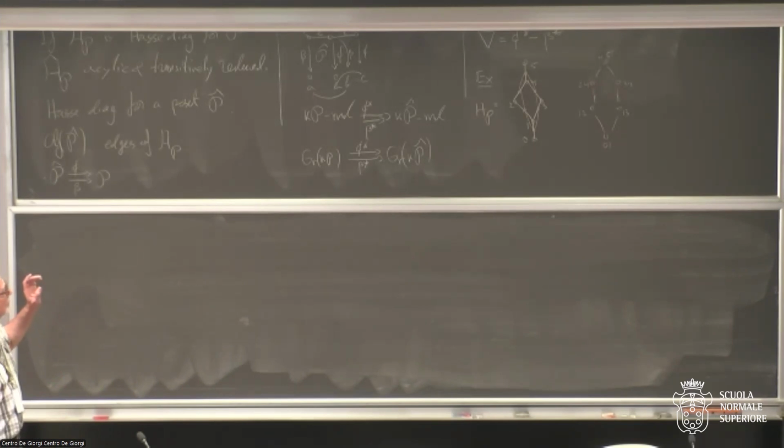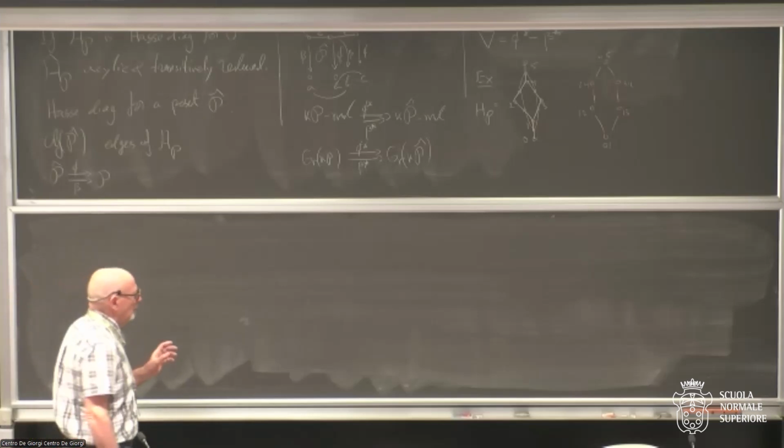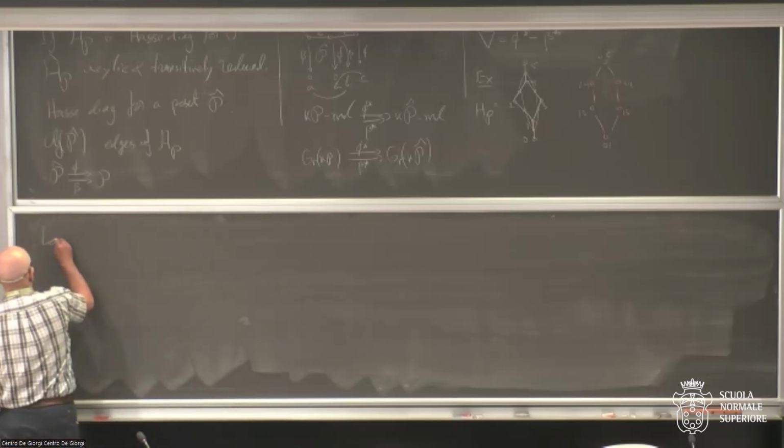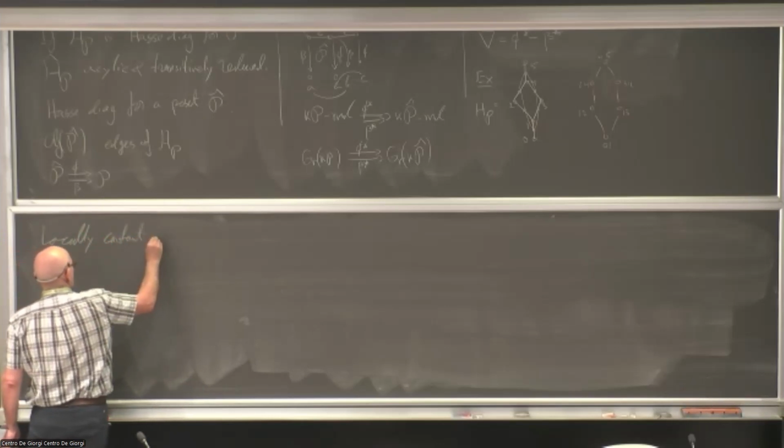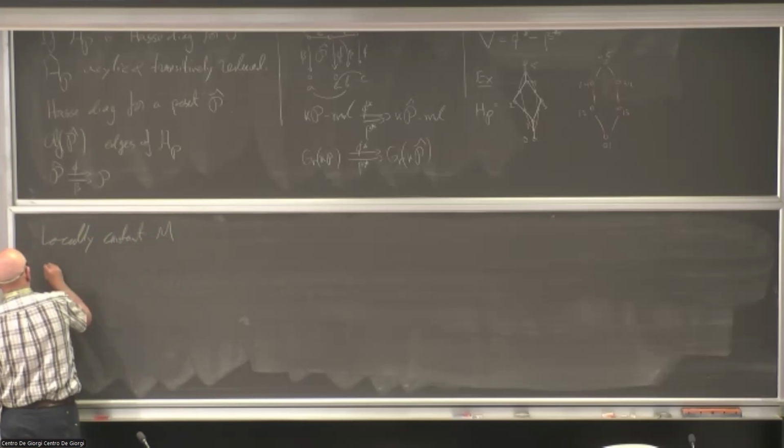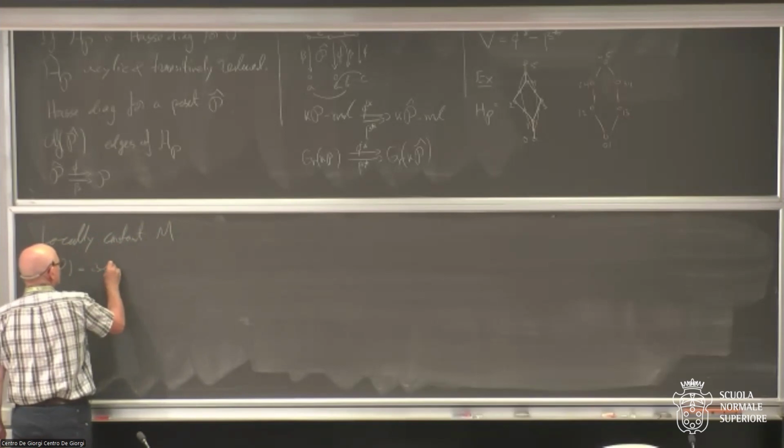Almost equally easy, it's a little harder to be honest, is to show that if your module is locally constant, in other words, if every morphism is taken by the module to an isomorphism, right? So locally constant M means that M of every morphism is an isomorphism.